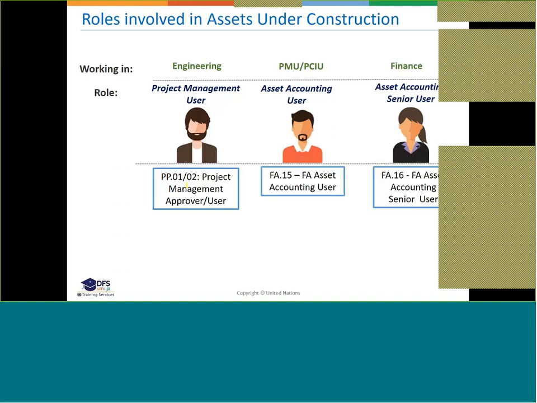As I said, now we have to create project structures for any assets under construction, and for that reason, we will need PP01 and 02, and also FA16 may have access to it eventually. We will discuss later.